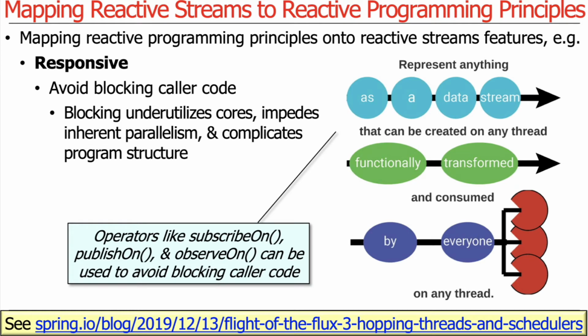And the way that's done with RxJava and Project Reactor is by using various operators like subscribeOn, publishOn, observeOn, and so on, which can be used to designate where the operators perform the processing, what thread or threads they will perform the processing in. And so you can get very fine-grained control over specifically where operators are going to run, which is pretty cool.